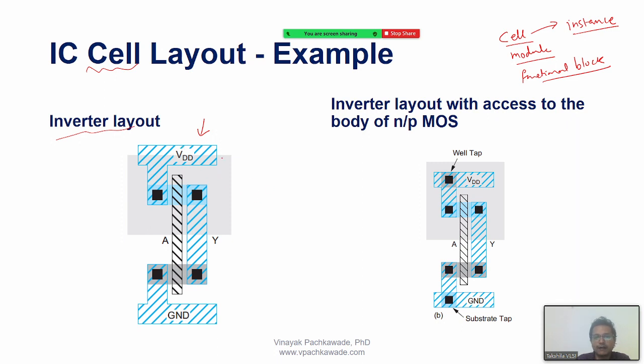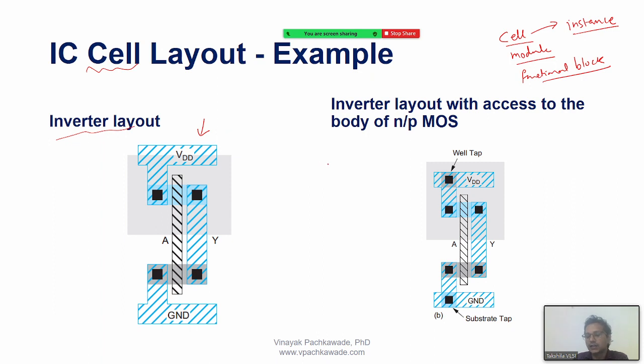Once you have a good exposure and understanding of what each layer is, how they are drawn and connected, and their dimensions from each other, it will be easier when you draw the layout for larger blocks, because most of the time you will be designing a small module. Like I said, a module means you will have different cells: a cell for inverter, cell for mux, cell for latch, cell for flip-flops, cell for registers.